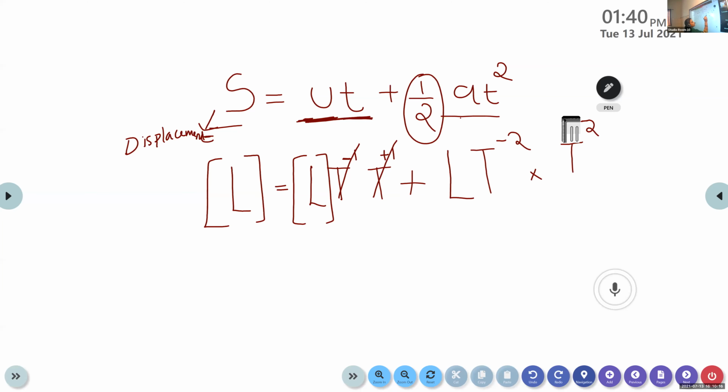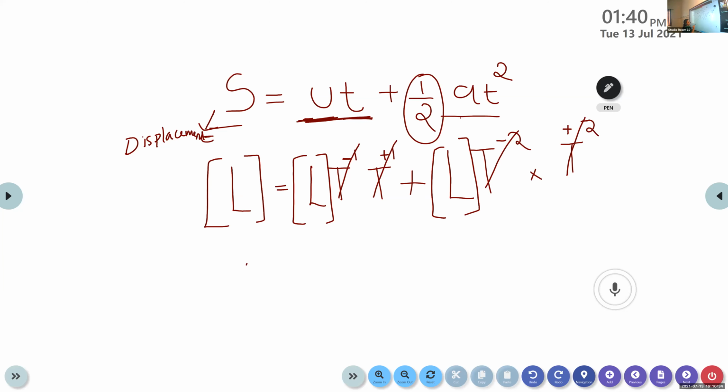Here also we have t raised to minus 2 and t raised to plus 2. So minus 2 plus 2 equal to 0. That is, the dimension of time cancels each other. So only the dimension of length is present here.